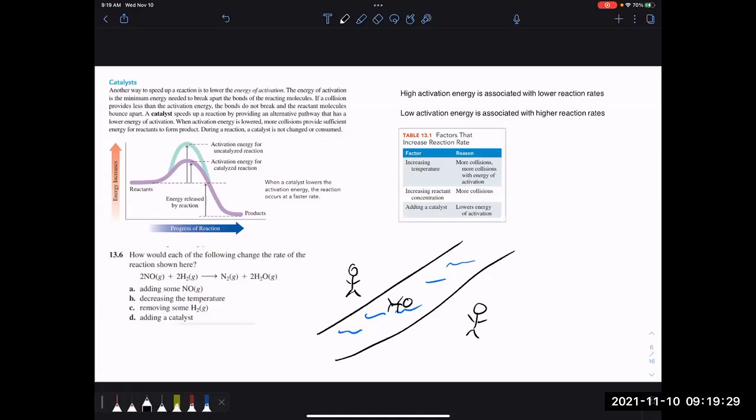Our catalyst would be like building a bridge across this river. So now instead of having to swim across, it's very, very easy to just walk across the bridge to get to the other side of the river. So by decreasing this activation energy, we now have more atoms that are able to hit that activation energy to react and finally go to the final product.